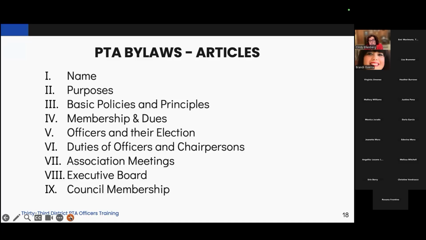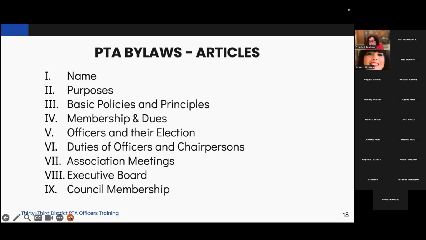Your Article 5, as we mentioned before, is a list of your officers of the association, and that includes those that are appointed as well as elected. The process for the election of your nominating committee and what the makeup of your nominating committee is, how many members, and if there are any specifics, for instance, at higher levels, the council, the makeup of the nominating committee lists out a certain number of schools represented on the nominating committee.